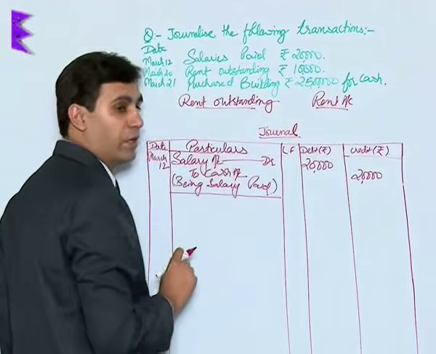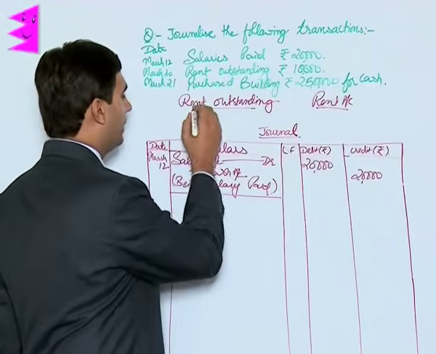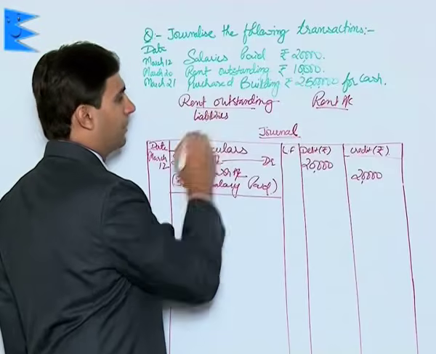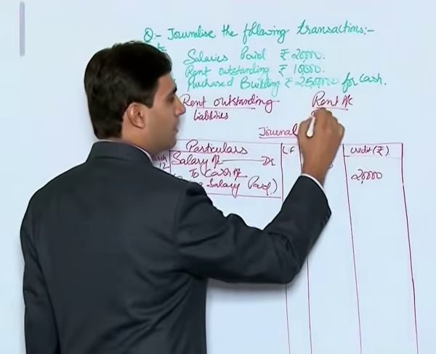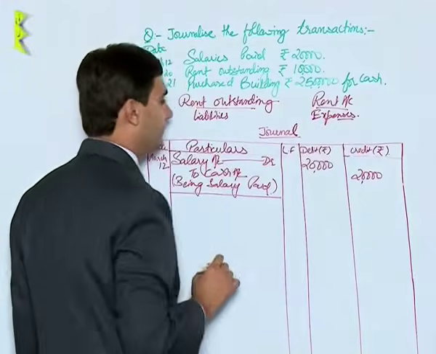Now students, rent outstanding means the rent has not yet been paid. So it will come under the category of liabilities. And rent is an expense, so categorized under the expenses classification.